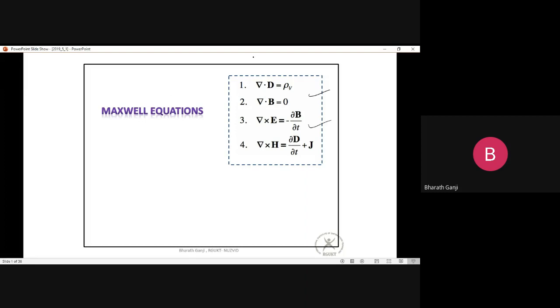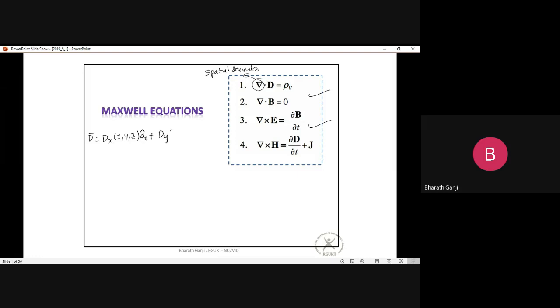But here the del operator is nothing but spatial derivatives, right? So for example, if I have to expand this D bar, your D bar vector can have an x component, which can be a function of x comma y comma z, and it can be in the x direction.